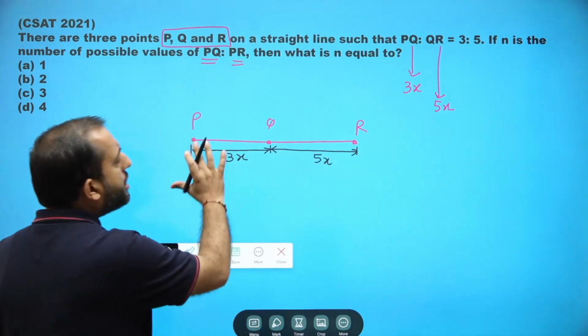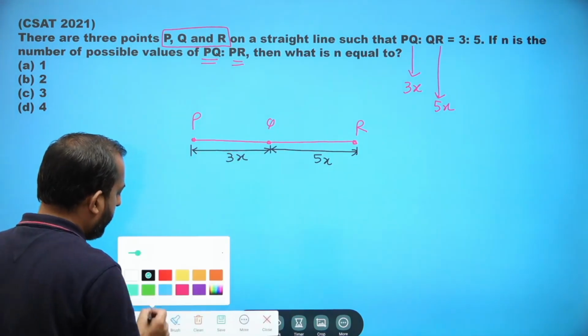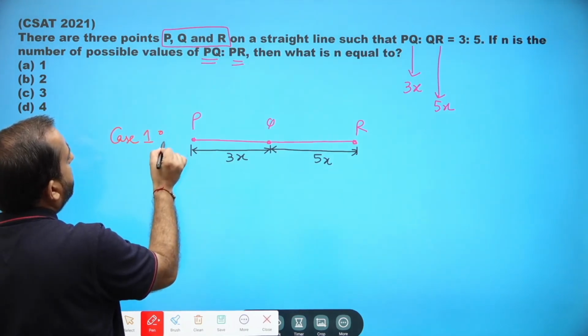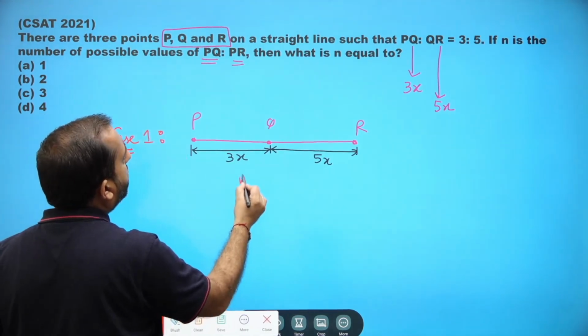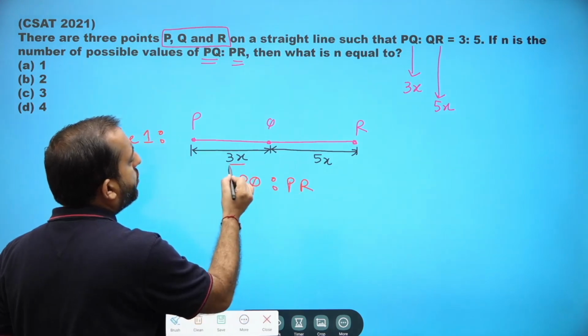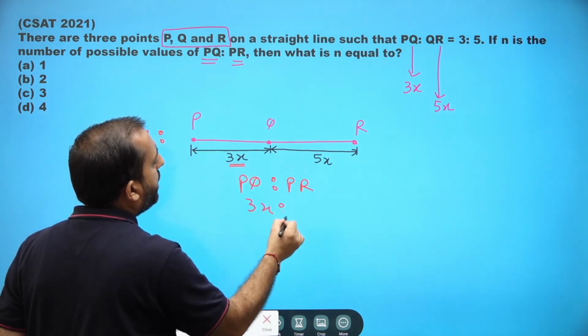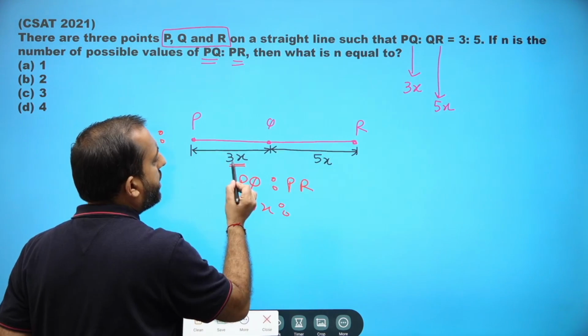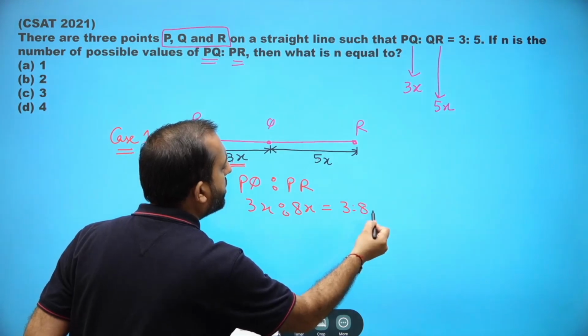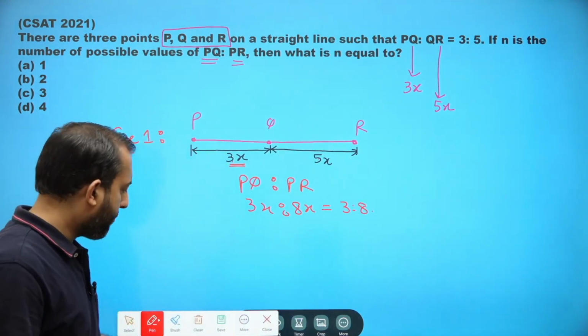So this kind of arrangement is possible. This is our case 1. From this case, PQ is 3x and PR is 3x plus 5x, which is 8x. So the ratio is 3:8. This is one of the feasible ratios.